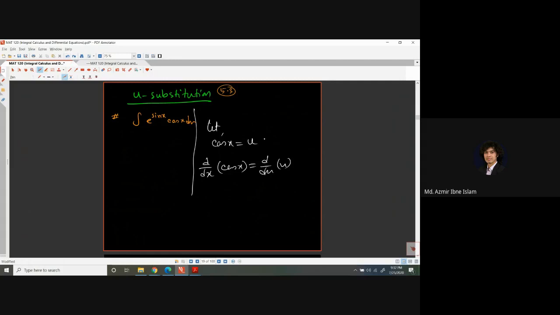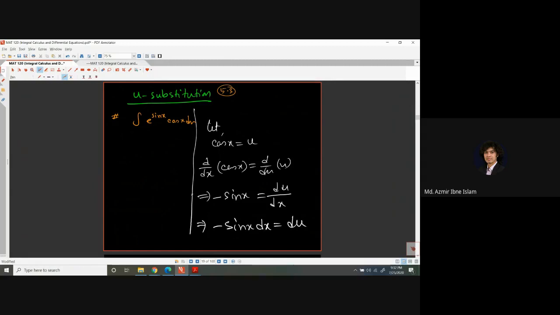I am not sure whether this function, cosine x, is suitable or not. We will understand within some seconds. Differentiation of cosine x is equal to negative sine x, and differentiation of u with respect to x is du dx. So negative sine x dx is equal to du.